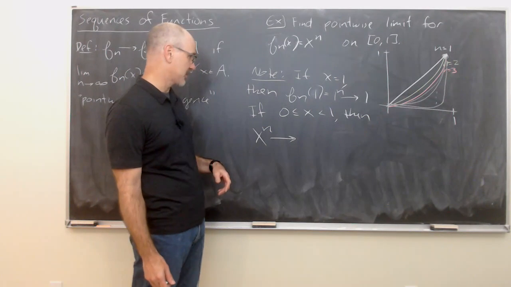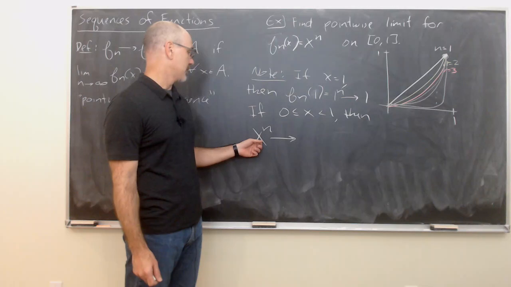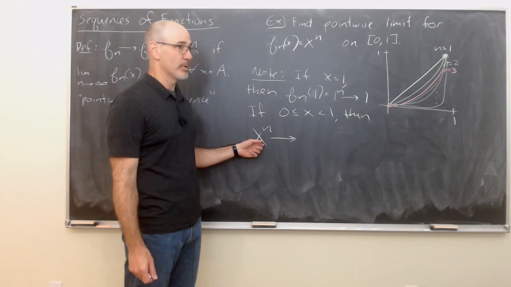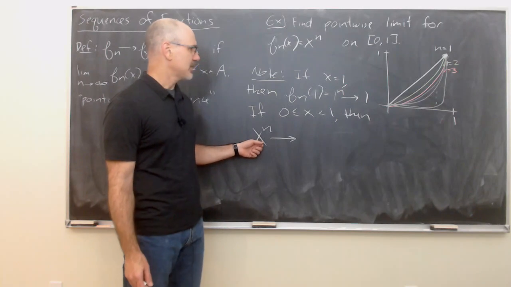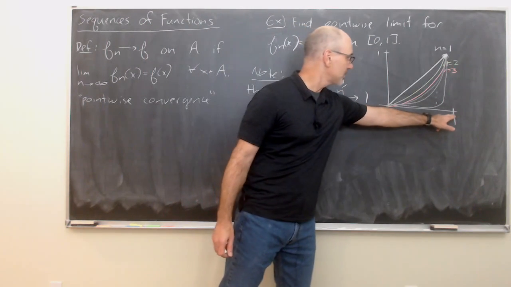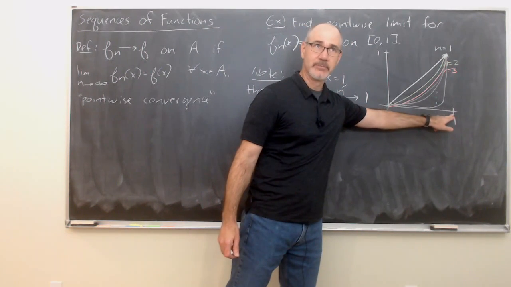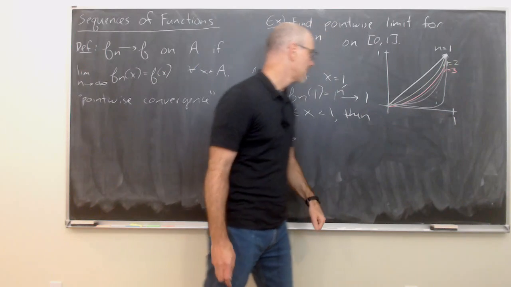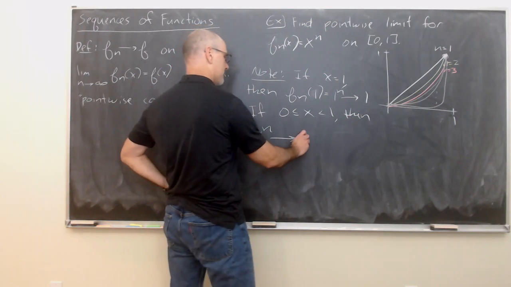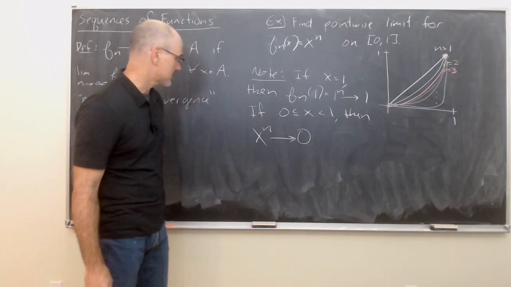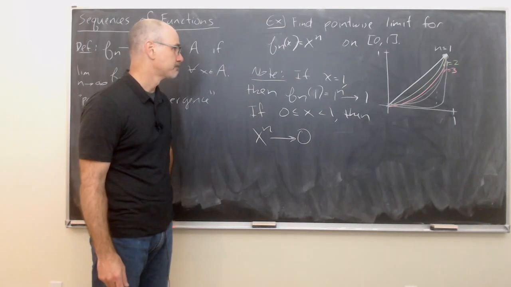Right? So if we had something like a half, then you'd get a half, a fourth, an eighth, a 16th, a 32nd, a 64th, and it would go to 0. Even if we have something really close to 1 like 0.99, if you raise 0.99 to a high enough power, it goes to 0 as well. So what we're saying is that for any other point in the interval, x to the n goes to 0.